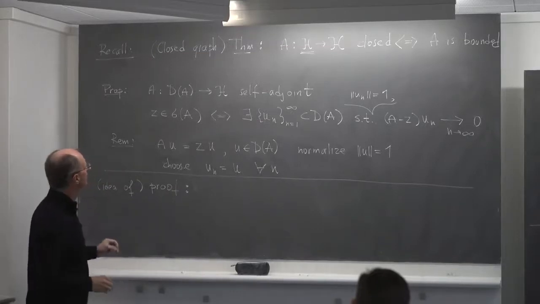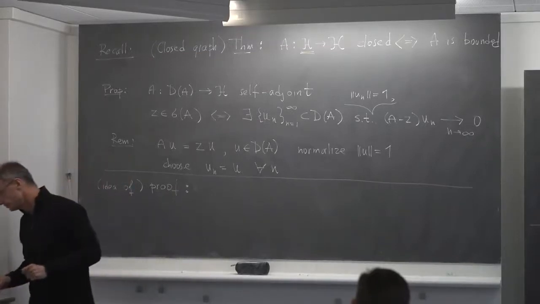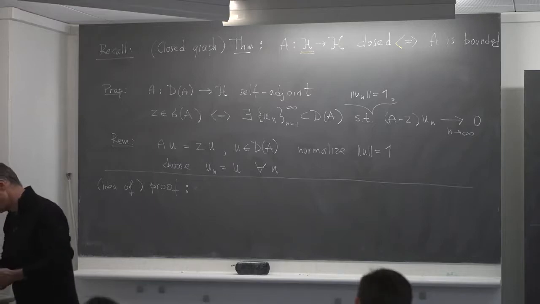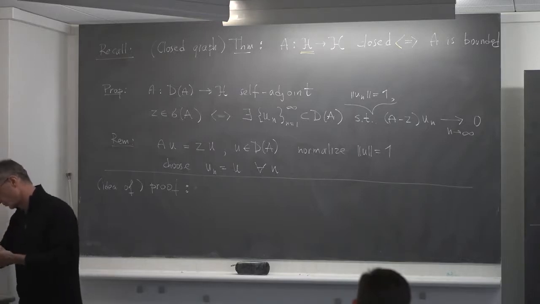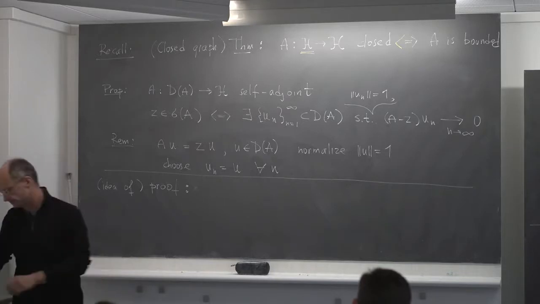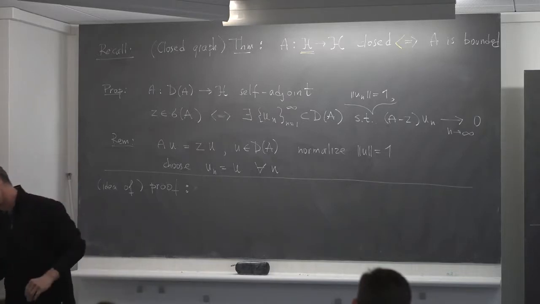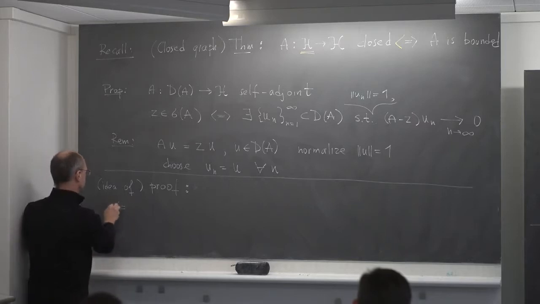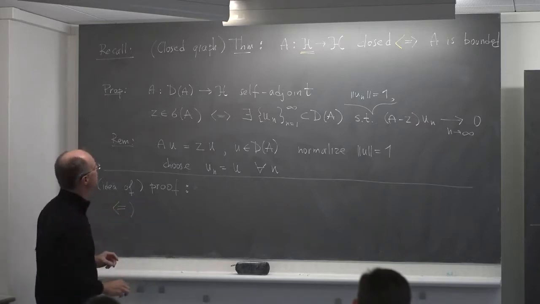So let me give you an idea of proof. Why is it true? I am always confused in which direction it's easier. Yes, so let me go first in that direction.